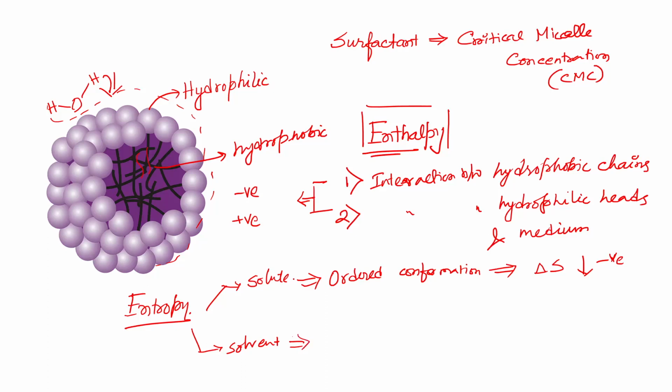For the solvent, what will happen is that when there are small surfactant molecules, the water molecules or the solvent molecules have to make small cages, and a greater number of water molecules needs to be utilized for this case.